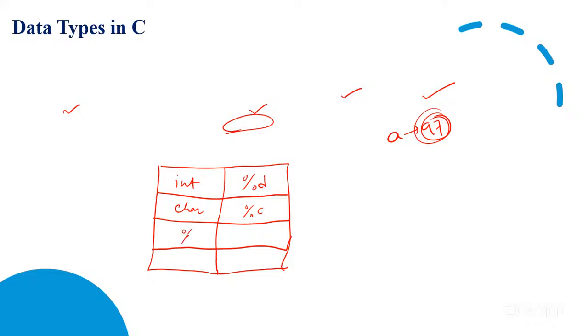If you write float, its format specifier is %f. If you write double, its format specifier is %lf.